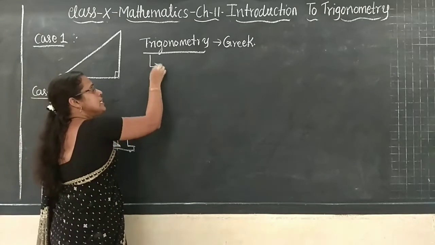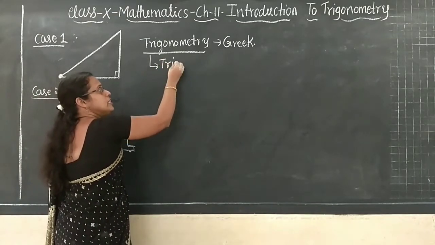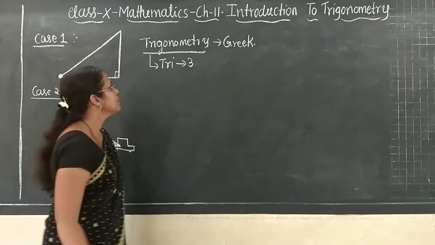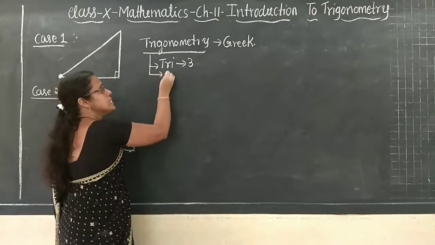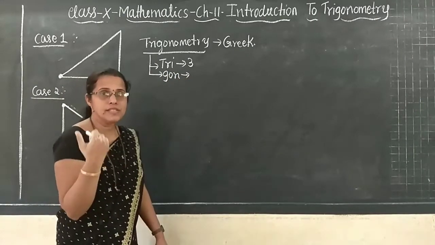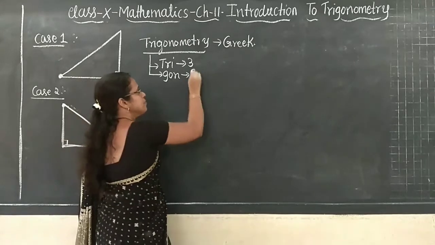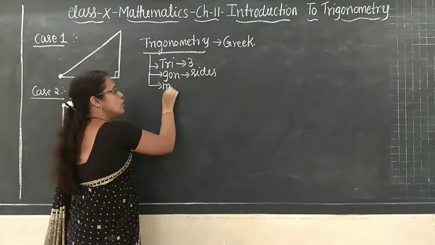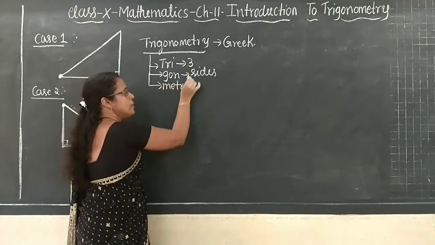Trigonometry meaning: tri means how many? 3. Then gon means size. Okay, then metron. What does metron mean, children?